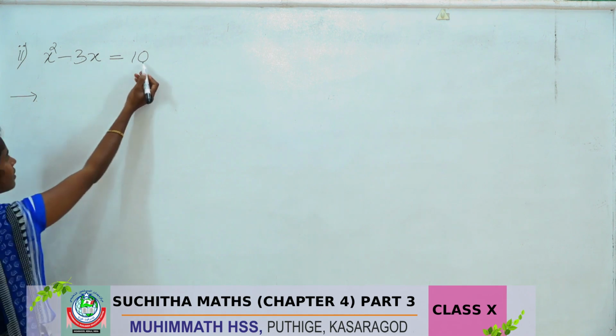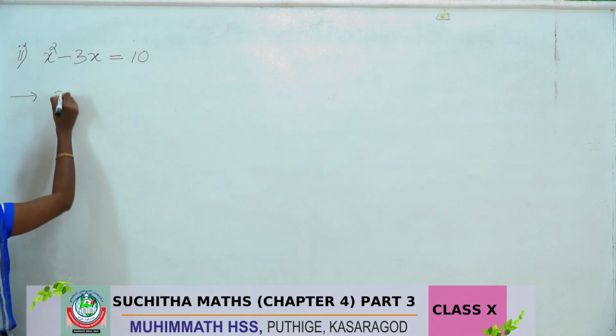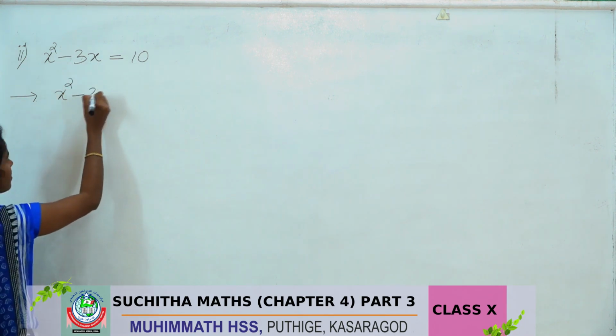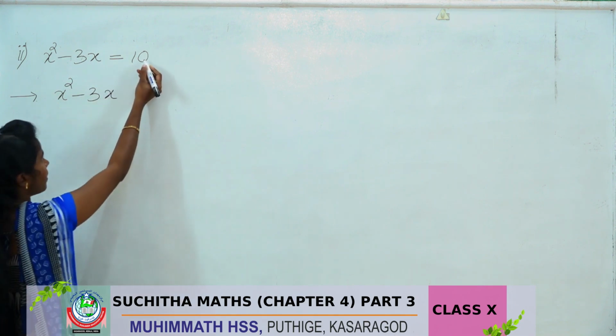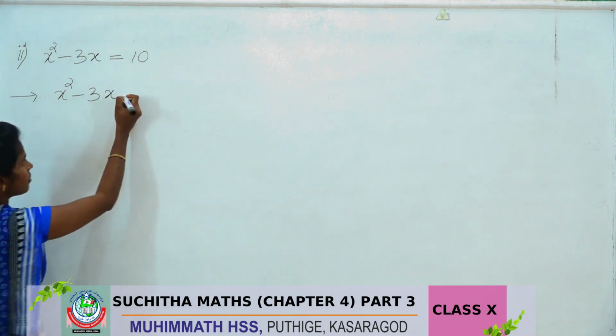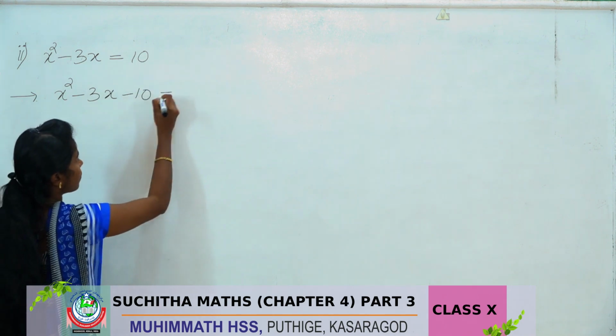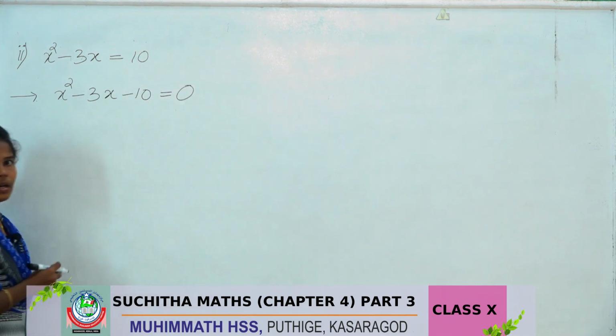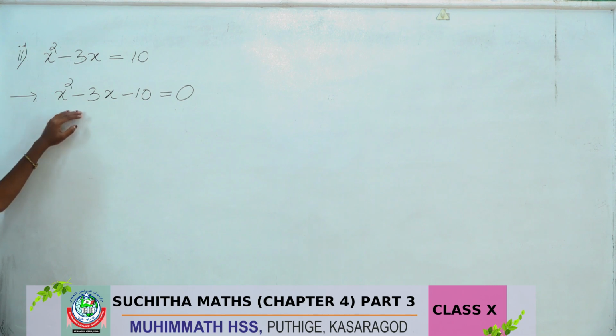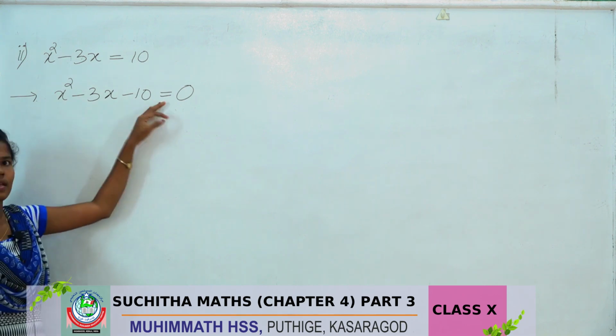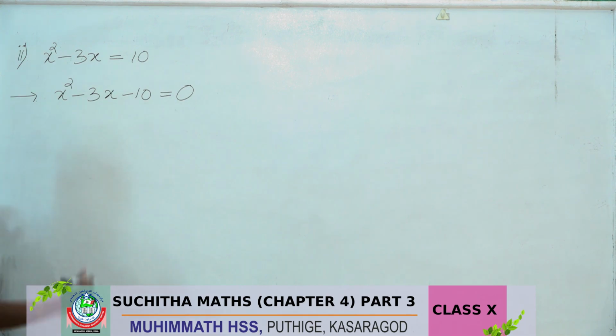So you shift this 10 to this side, okay. That is x square minus 3x minus 10 equal to 0. Now this equation is in the form ax square plus bx plus c equal to 0.